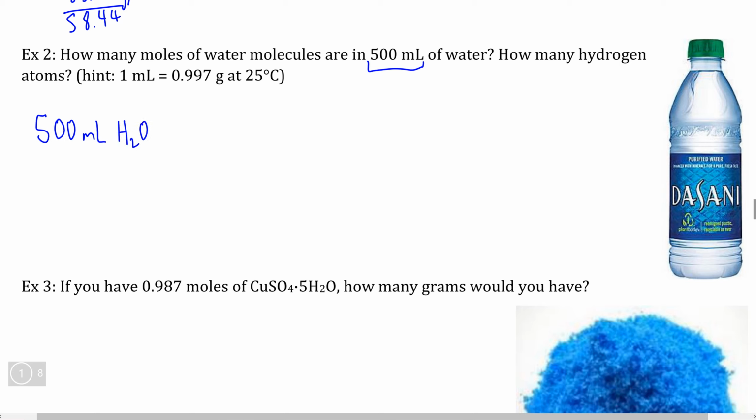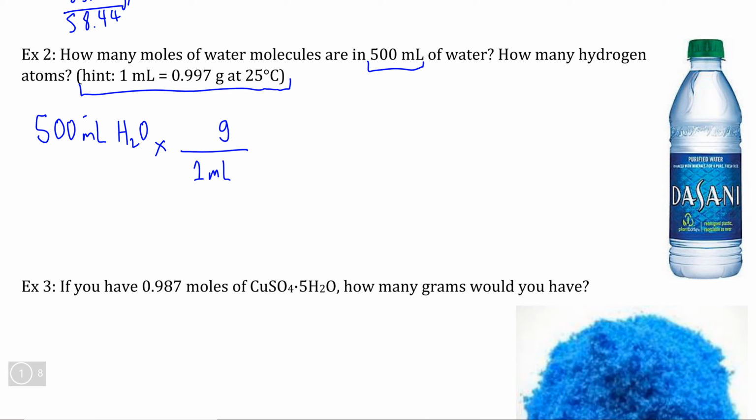Now, because this measurement is not in grams, we can't actually use this measurement directly with the molar mass. However, if we know another unit conversion, a conversion that will allow us to find out the mass of water if we know how much 1 milliliter of water weighs, we can find out the exact mass of 500 milliliters of water.